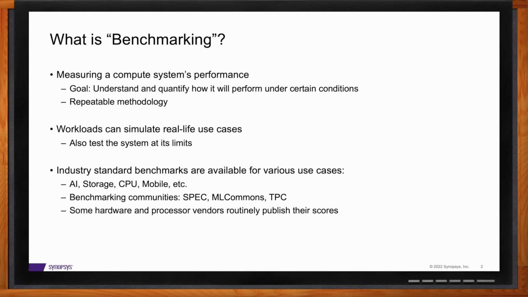And those benchmarks are provided by communities and organizations that specialize in building those benchmarks. So the most famous names that you may have heard are SPEC, TPC, ML Commons. One thing I want to point out also is some companies really do a lot of benchmarking, right, as they release new products. And so you may have seen some companies publishing their benchmarks.